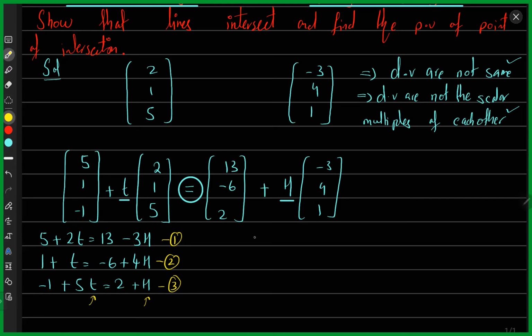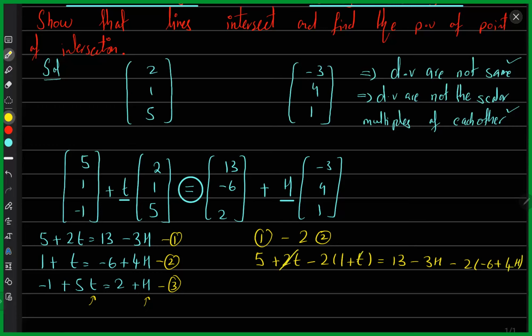So we will solve 1 and 2 simultaneously. For that I will do equation 1 minus 2 times equation 2. So that would mean 5 plus 2t minus 2 into 1 plus t equals 13 minus 3 mu minus 2 into minus 6 plus 4 mu.